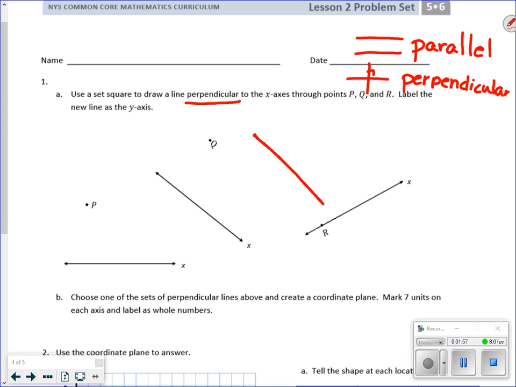If I've got the line that's going like this, I have to make sure that this line would be going straight up and down the opposite direction so that it would still create a 90-degree angle. So that's why they're saying a set square, so that I could be creating that straight 90-degree angle.